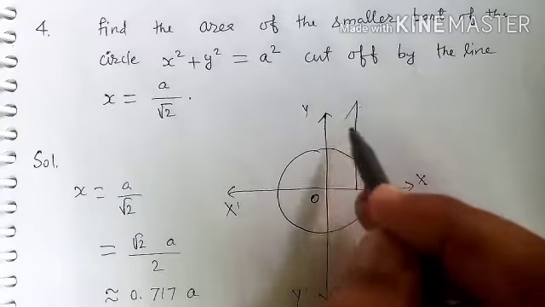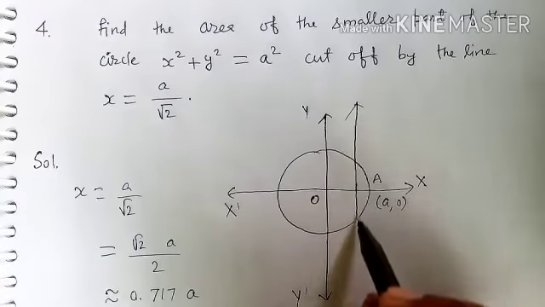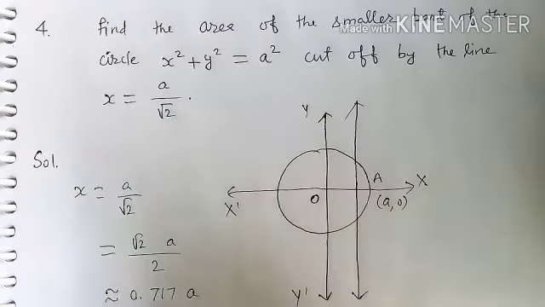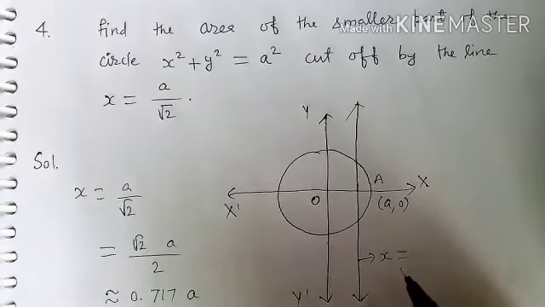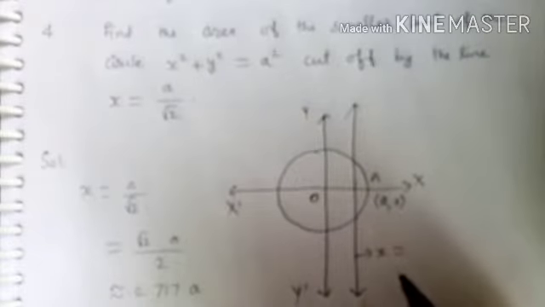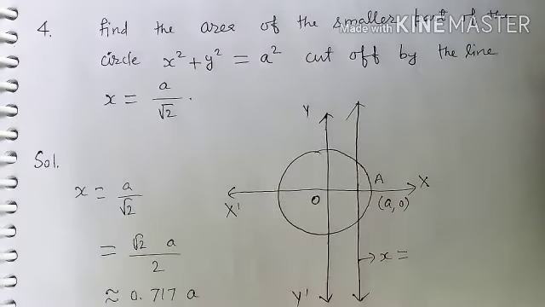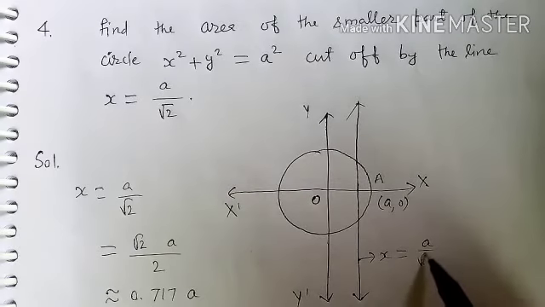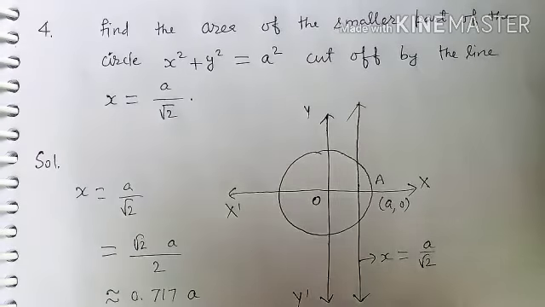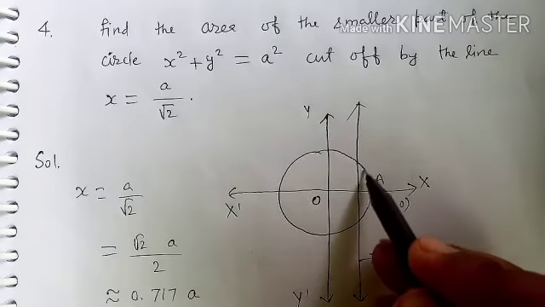this will be x is equal to, we know x is equal to a by root 2 is the line parallel to y axis. So this is our x is equal to, so this line is x is equal to a by root 2. Now we have to find the area of this part.